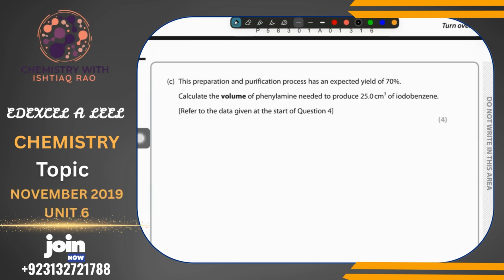So first of all, it means that we have to find out the mass of iodobenzene, right? But we can't find the mass, no? Because density is given to you. We can, my bad.